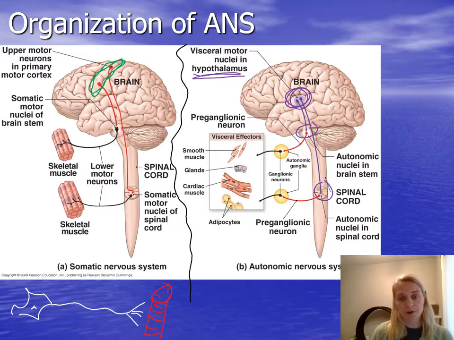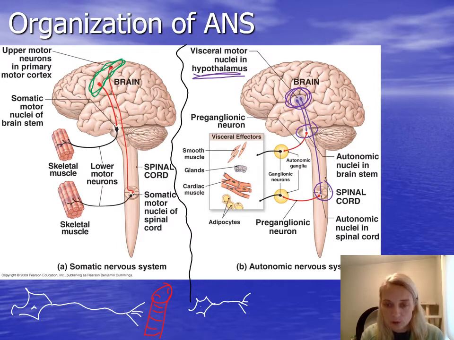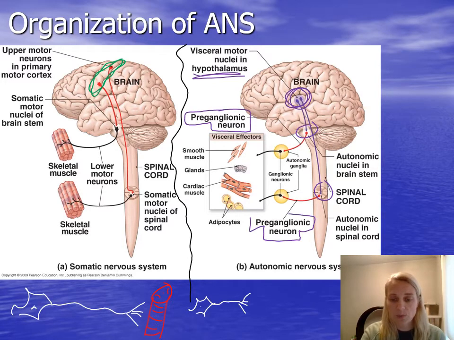They're going to be in the periphery. Now, the main difference here structurally is instead of having one motor neuron from the spinal cord to the effector, there's actually two motor neurons. So I got to draw a little bit smaller here. So the first motor neuron, which is what we call the preganglionic neuron right here. Okay, those are the red ones. Kind of outline them in purple.